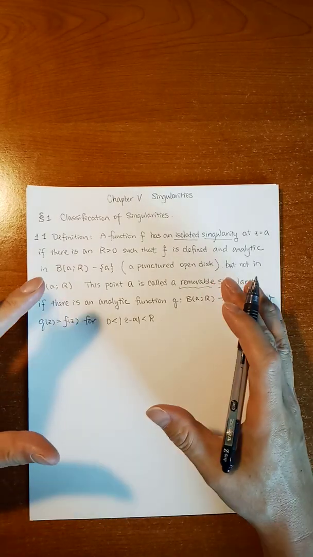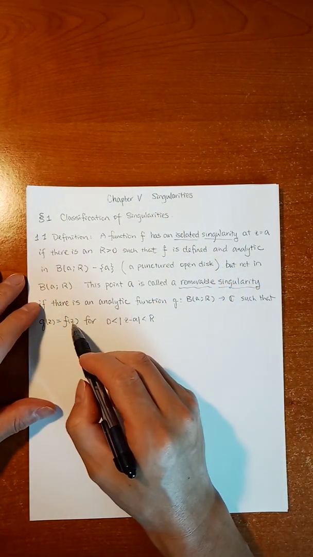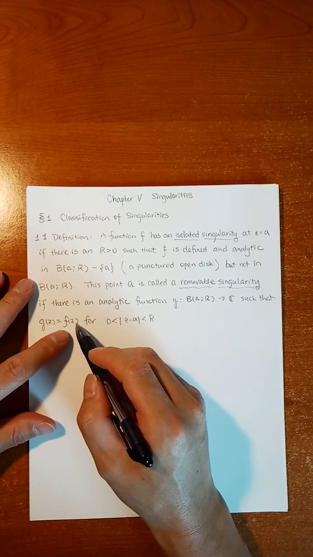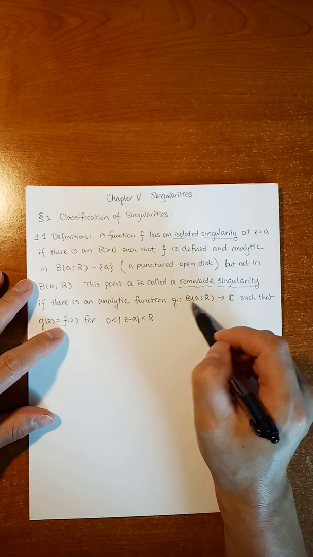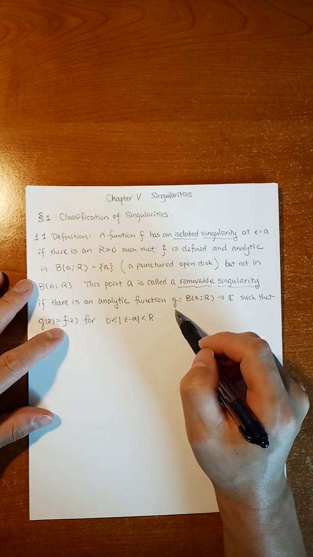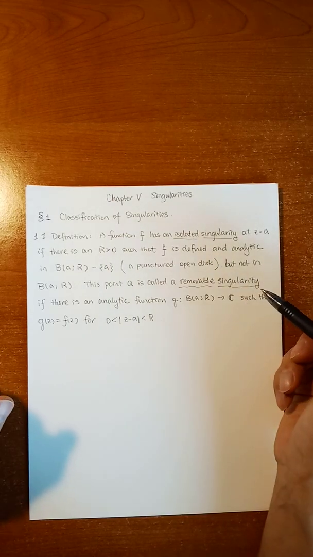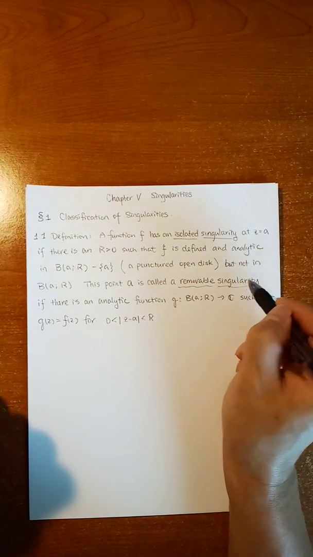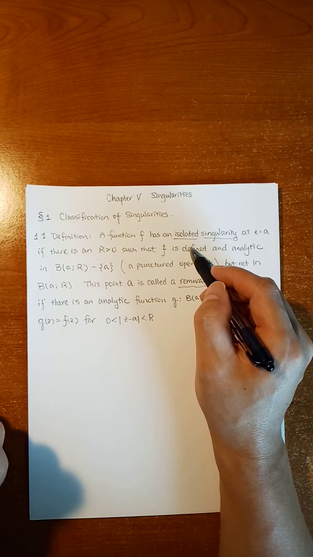So if you can have a good analytic function which recovers this f, and a is in the domain of this analytic function, then we say a is removable. A removable singularity must be an isolated singularity.